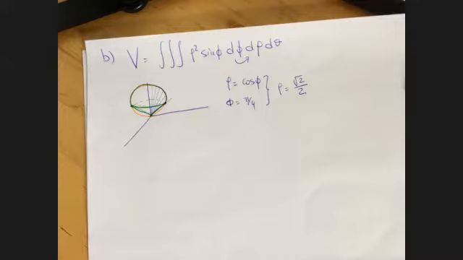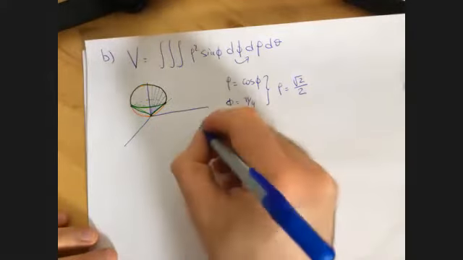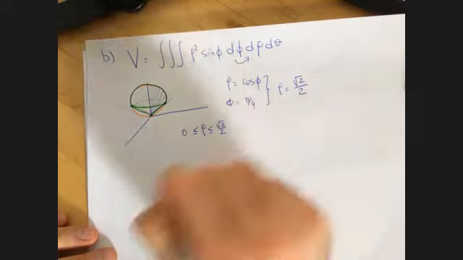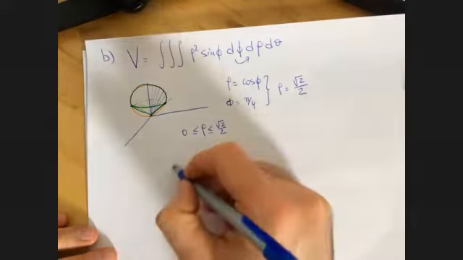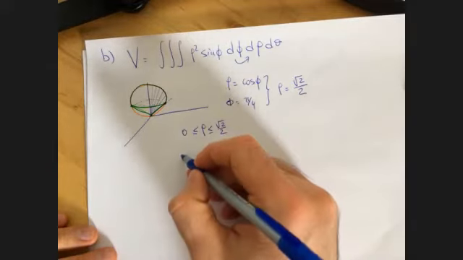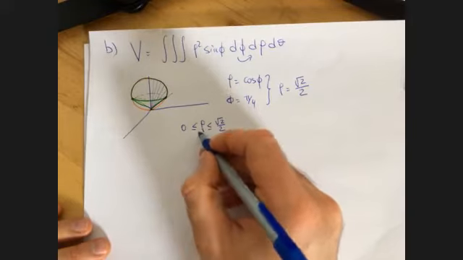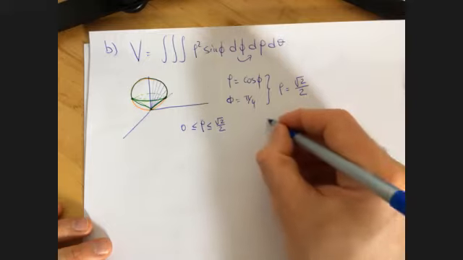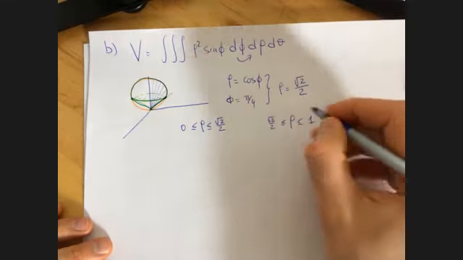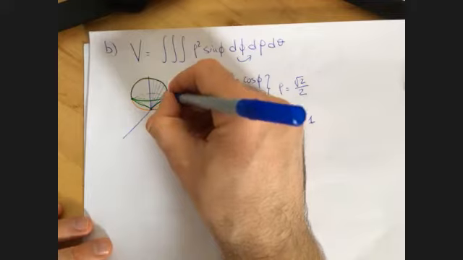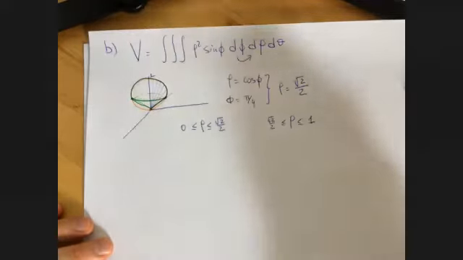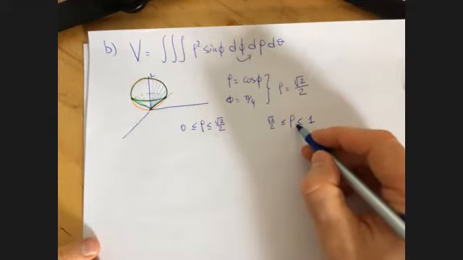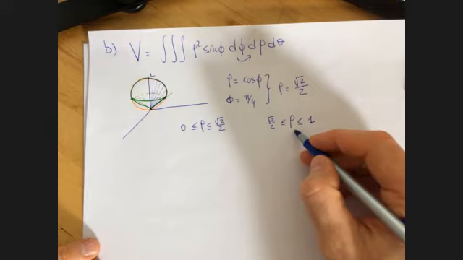As you can see, depending on rho, if rho is between 0 and square root of 2 over 2, I'll have one relationship between rho and phi. If rho is between square root of 2 over 2 and 1, at most 1, I'll have another dependency between rho and phi.